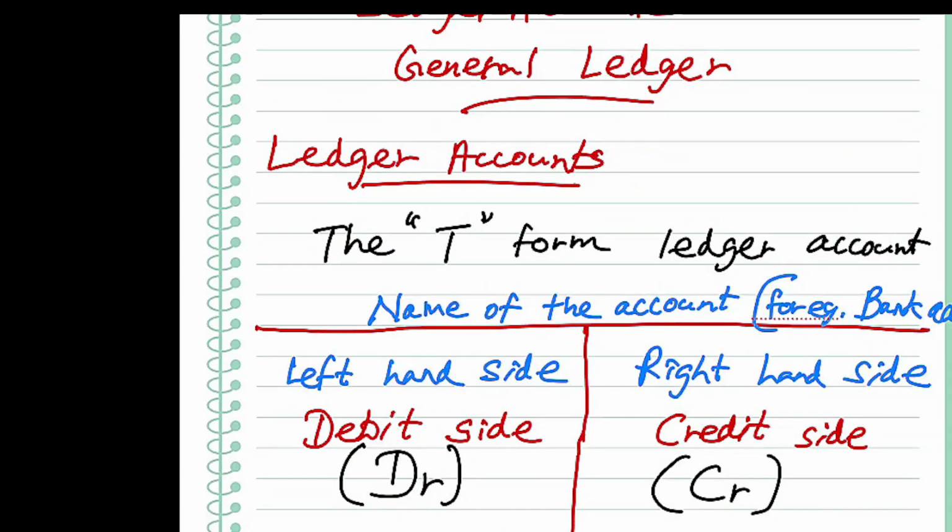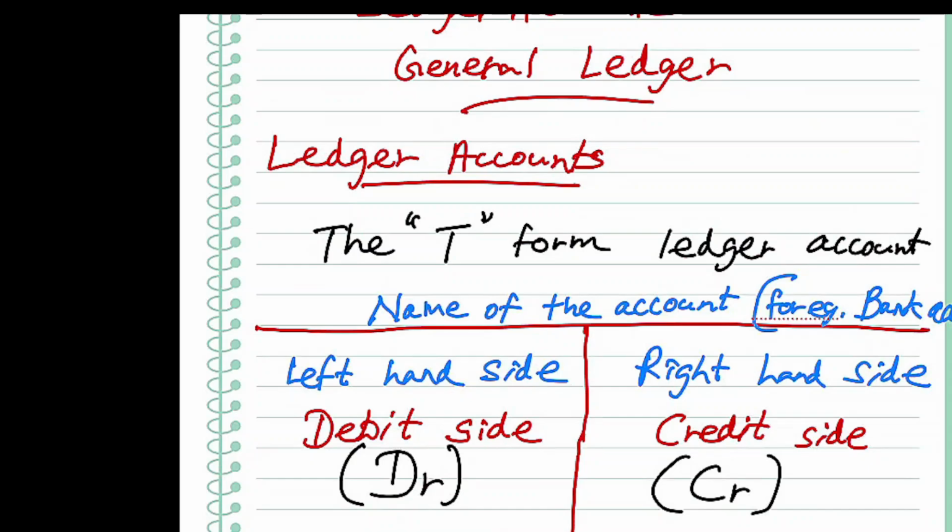In each page you have one ledger account: one page the bank account, the next page the inventory account, the next accounts receivable. If you have 100 ledger accounts, you will have 100 different pages in your book. Then you keep it together and call it the general ledger.